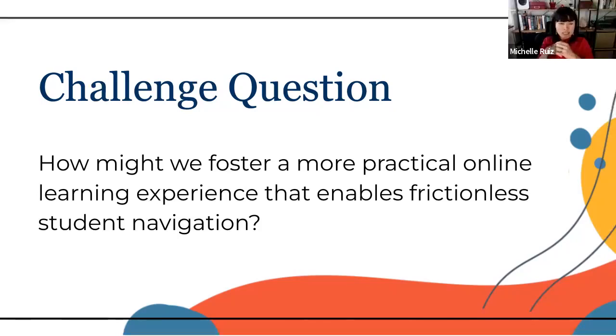And here's what was guiding us at that time: how might we foster a more practical online learning experience that enables frictionless student navigation? We decided to focus first on the student experience. We know that faculty obviously are part of our learning ecosystem, but as the first step, we decided to first take into account the student perspective and make sure that we're meeting their needs when they come into our courses.